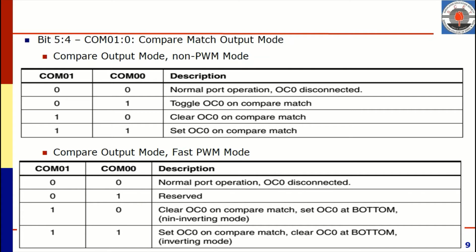In case of 1-0, it will clear OC0 on compare match and set OC0 at the bottom. But in case of 1-1, it will set OC0 on compare match and clear OC0 at bottom. So OC0 status will be different in compare match output mode depending on whether waveform generation mode is PWM or non-PWM.